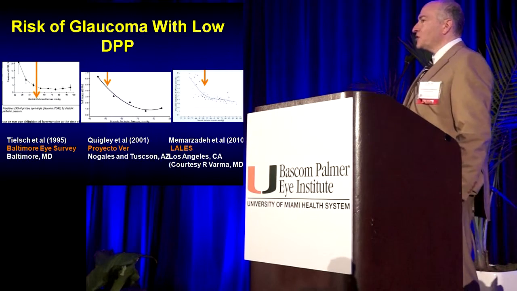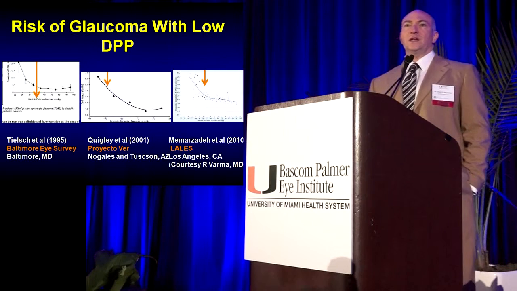So as an example, I mentioned somewhere around 50 millimeters of mercury for the DPP is an important thing to remember.